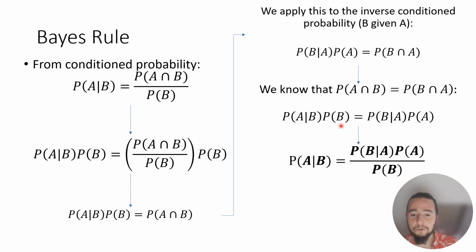We can move the probability of B over to the second member, so we have the Bayes theorem. That is, probability of A given B is the inverse conditional probability multiplying by one of the marginals, the probability of A, and divided by the other marginal.